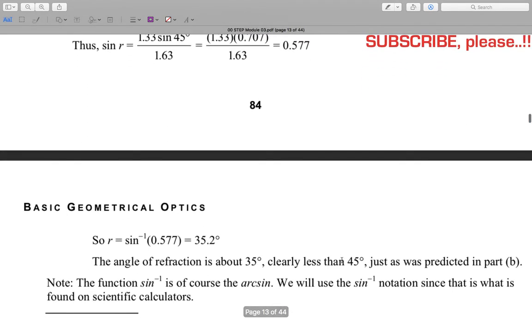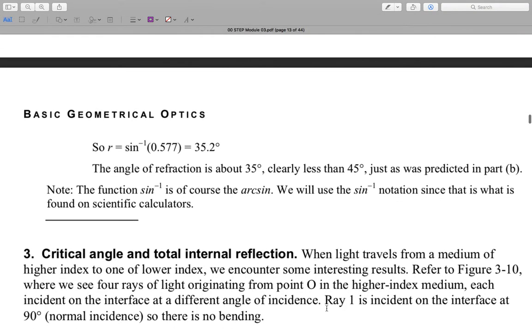And so r equals sin minus 1 of 0.577, we get 35.2 degrees, so the angle of refraction is about 35 degrees, less than 45, just as predicted in part B. Note the function sin minus 1 is of course the arc sin. We will use the sin minus 1 notation since that is the form on scientific calculators.